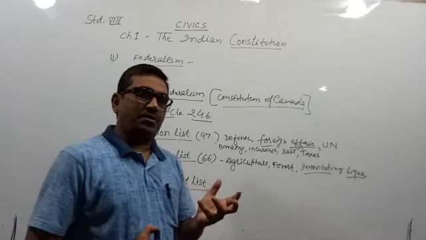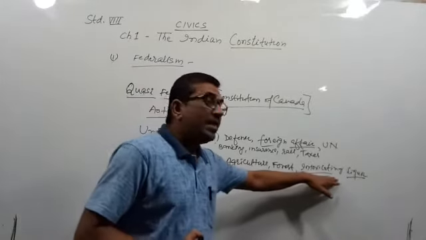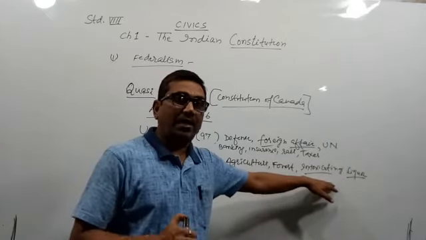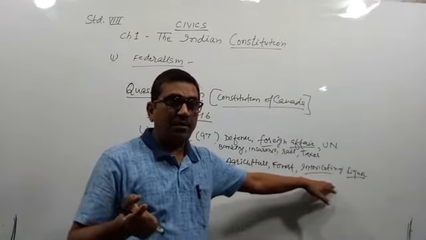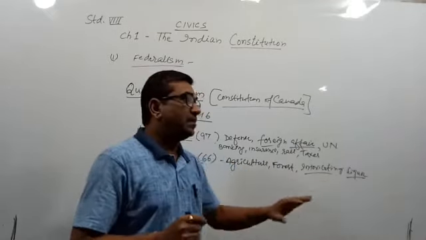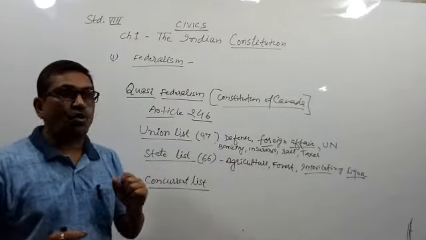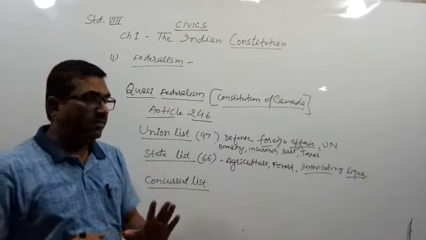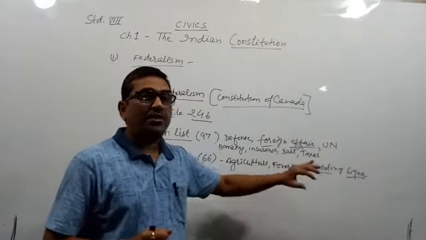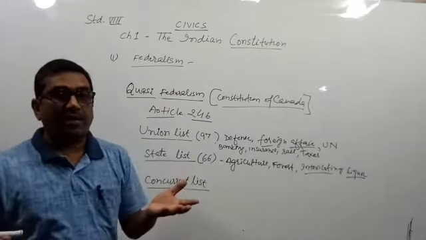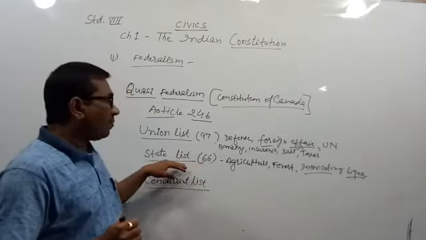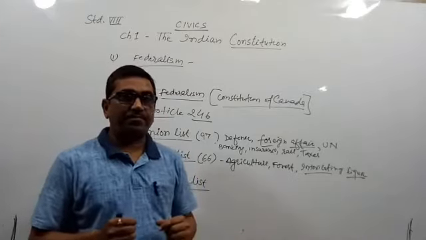In some states, the liquors, that is wine and beer, intoxicating things, have been banned by the state government. But in some states, it is not banned. Central government cannot do anything on it because it is a matter of the State List.